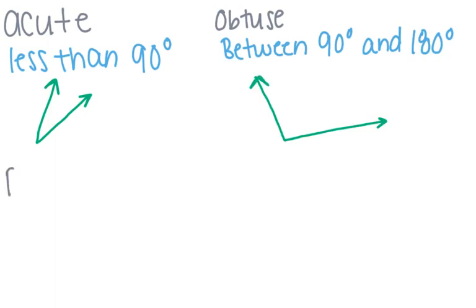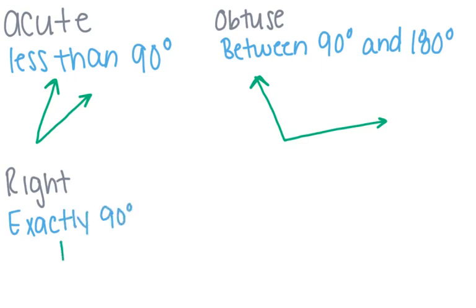We also have a right angle, which is exactly 90 degrees, and it will look like this. And you're going to also know that this is a right angle because it's going to have that little square in the corner.